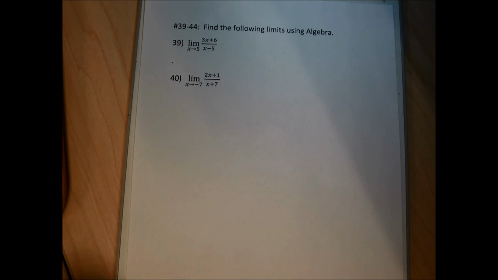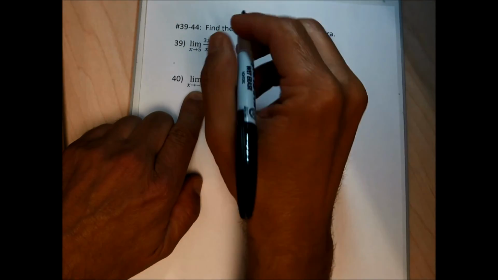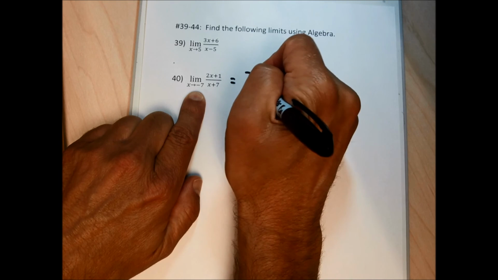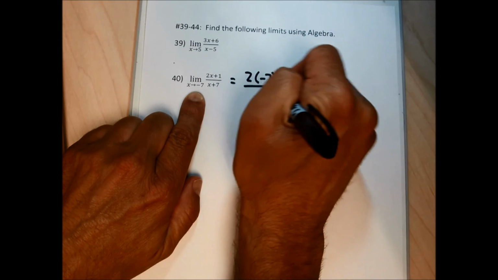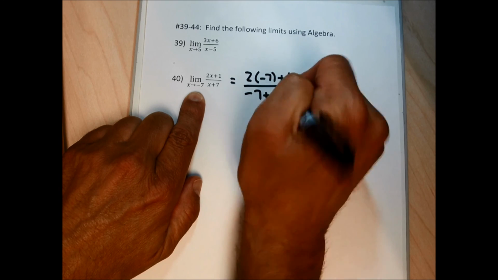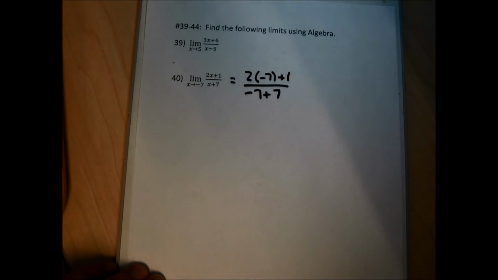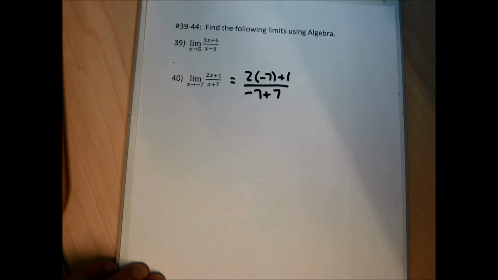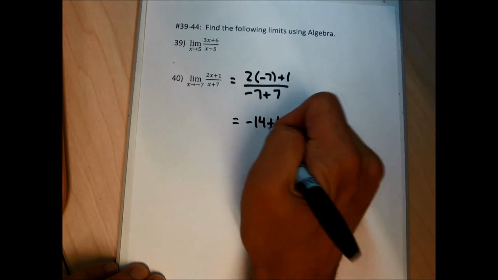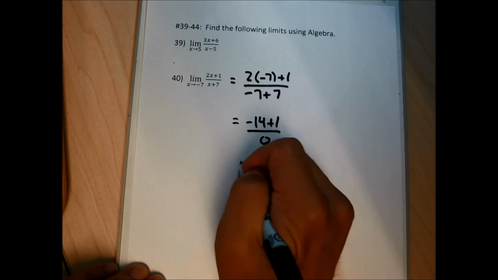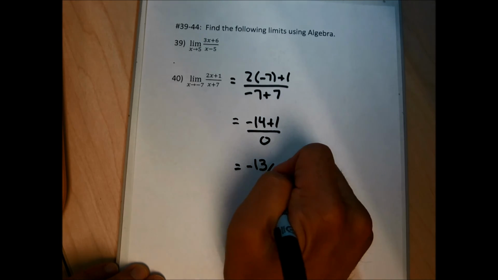So for problem 40, to find the limit as x goes to negative 7 of this function, I'll go 2 times negative 7 plus 1 over negative 7 plus 7, because to find any limit, my first stab is just to take the value of x, plug it in for the x's. This is going to give me negative 14 plus 1 over 0, which is negative 13 over 0.